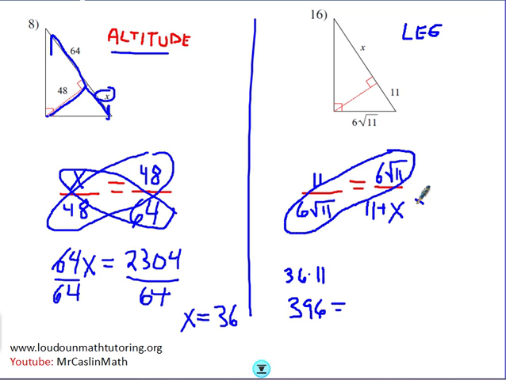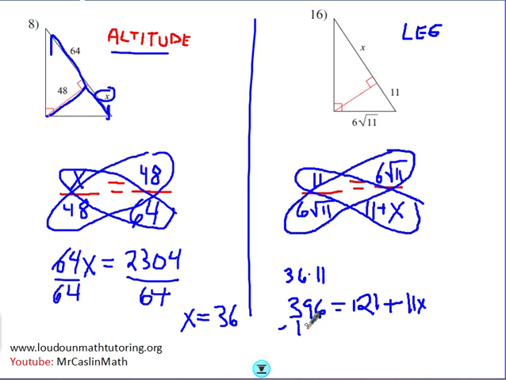Be careful when you do this part of your cross multiplication. You're going to get 11 times 11. We've already said that that's 121 plus 11x. Make sure you're distributing that 11 to both the 11 and the x. All right, now you just clean up this two-step algebra equation, subtract 121 from both sides. That should be pretty easy. 275.